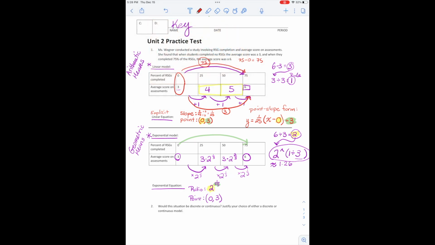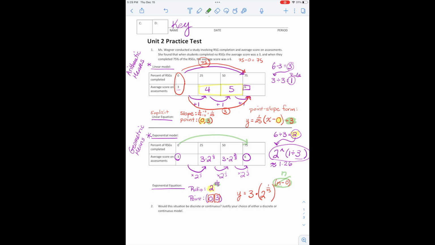All right, working here to find our explicit equation, we're going to say that y is equal to the value that we started at, 3, times our rule. That's 2 to the 1 over 75. And that rule gets raised to the power of n minus the x value of the point. Now, if I was to simplify this, you would notice that n minus 0 is just n.